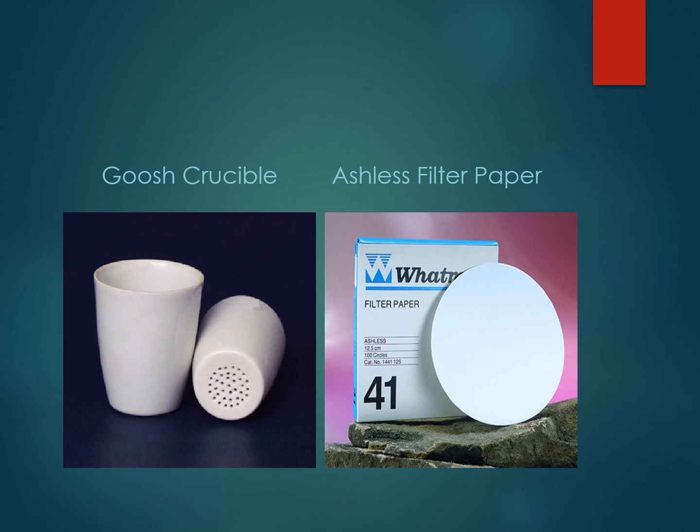So this Gooch crucible will help to dry out the precipitate in the desiccator. Ashless filter paper is burned and there is no contamination from this filter paper. It does not create any kind of ash which can be mixed in the precipitate. So the ashless filter paper is burnt away, then you have the pure compound, that is, a pure precipitate.